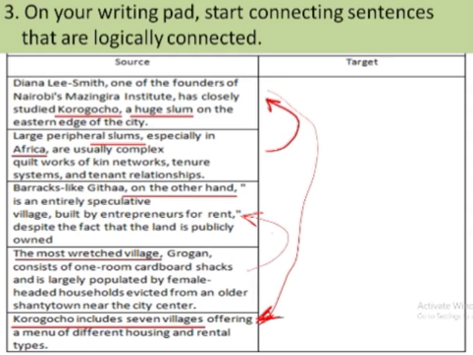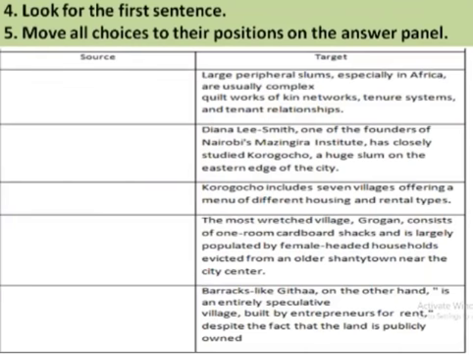somewhat of an outline of the passage, and we can see how the sentences are connected. So we'll see what can be the first sentence, because as we had done in the last one, there were 2 sets of sentences. One set of sentences was starting from the second one, large peripheral slums, and the other one was starting from the most wretched village.